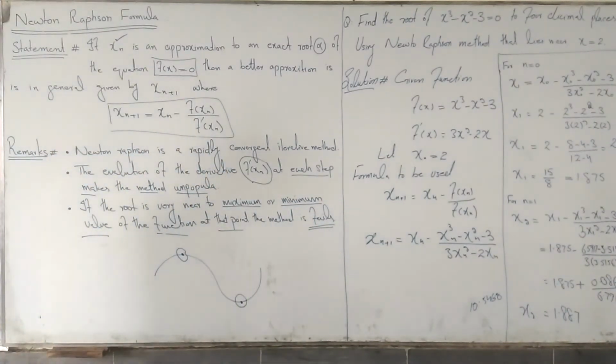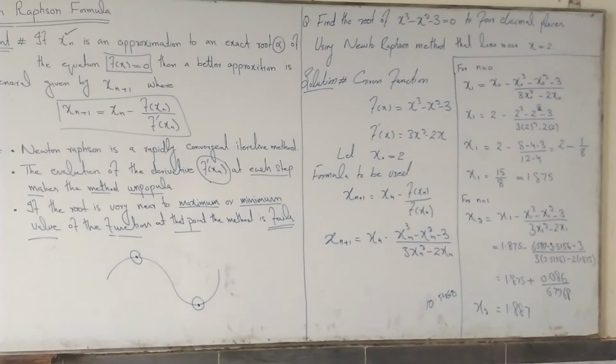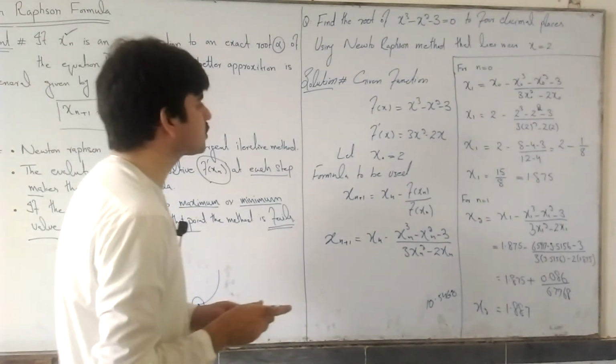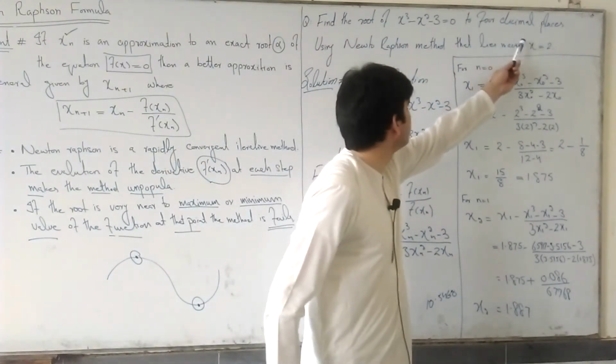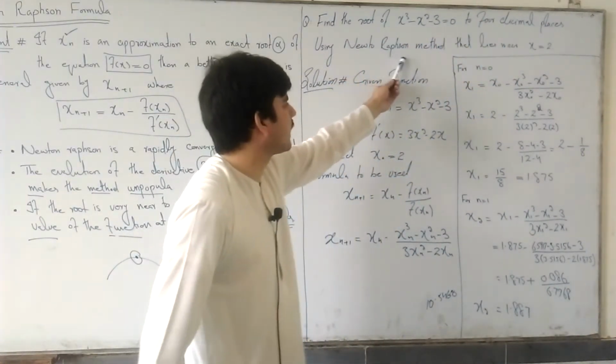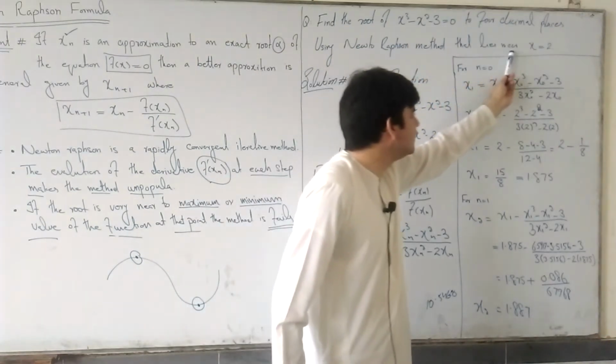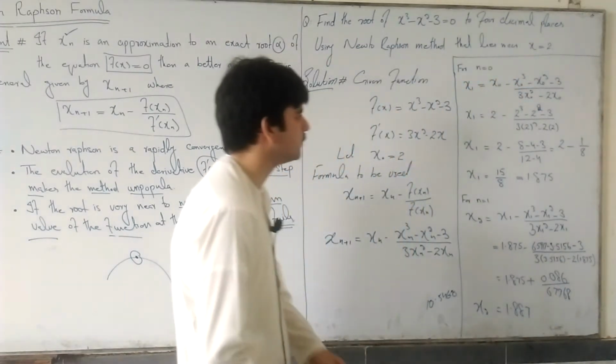Now, we are going to solve an example for Newton-Raphson method. Find the root of x cube minus x square minus 3 equal to 0 to 4 decimal places using Newton-Raphson method that lies near x is equal to 2.